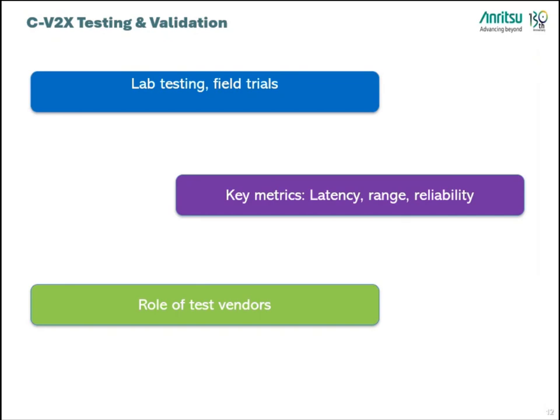And the data we are transmitting should be reliable. To test all these features, test vendors like Anritsu come into the picture, and we have the solution which you can use for your testing purposes, provide those results to your vendors and implement that in your vehicles.